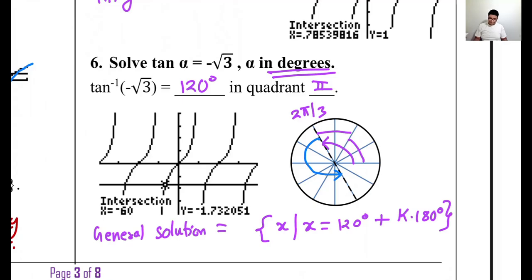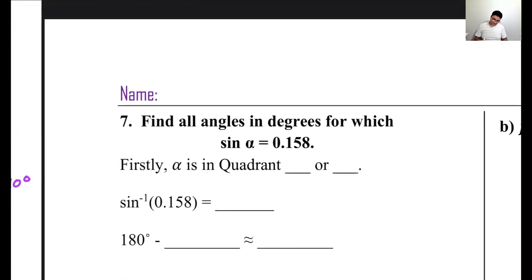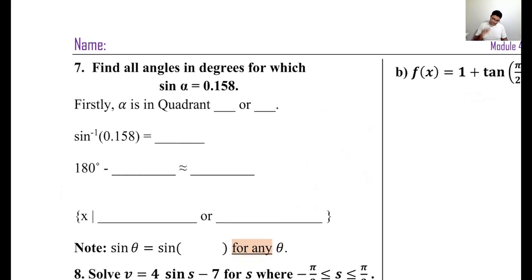Okay, let us solve another problem. Find all angles in degrees for which sine alpha is 0.158. Okay, now this you need to use a calculator to solve. First, which quadrants?